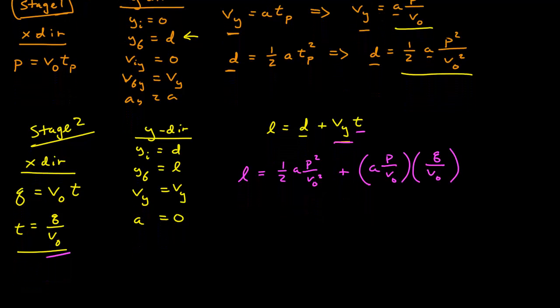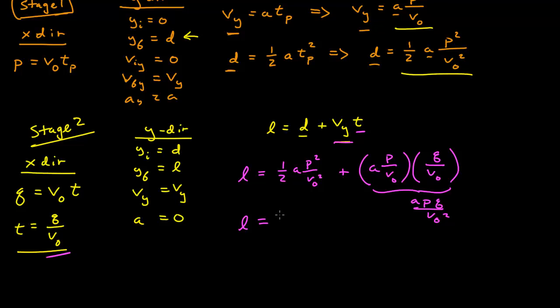Now, at this stage, you always want to play with the algebra a little bit, simplify as much as you can to see whether you can come up with some meaning out of this. What sort of common terms do I have here? Look here, there's a v naught squared in this term. This right here is a pq over v naught squared. So there's an a, p, and v naught squared in both terms.